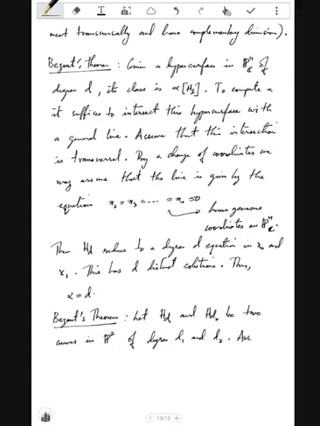Assume that they meet transversely. Then they meet in d1 d2 distinct points.